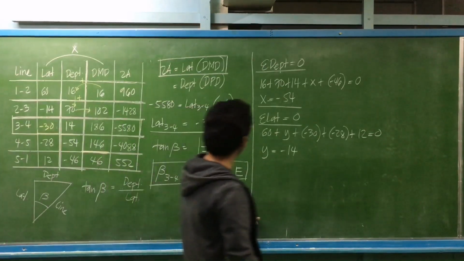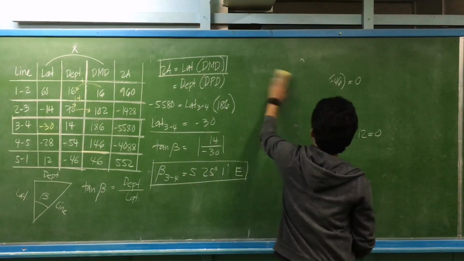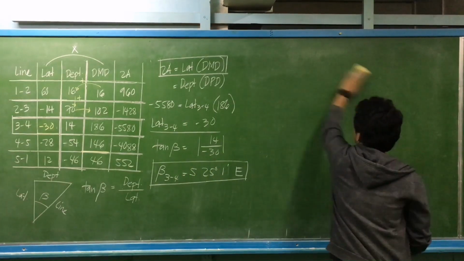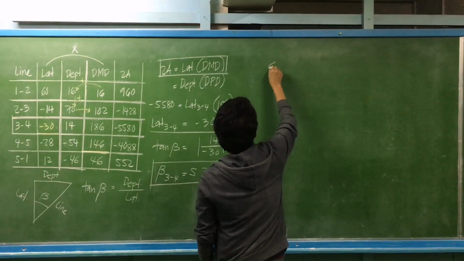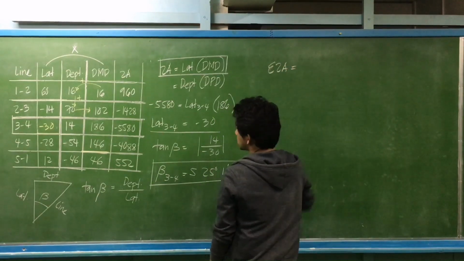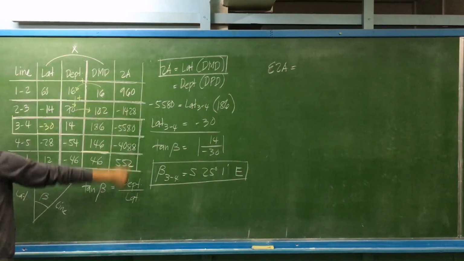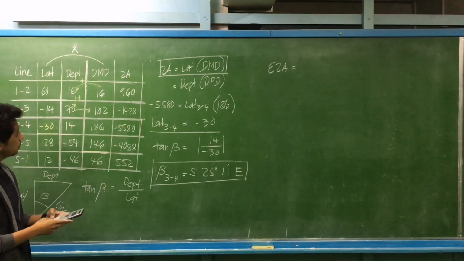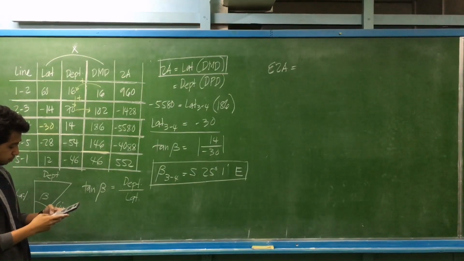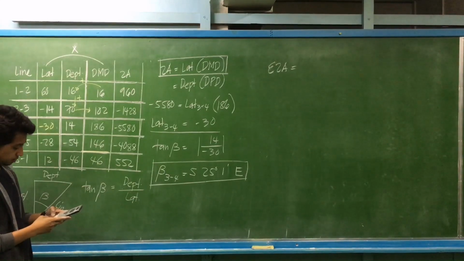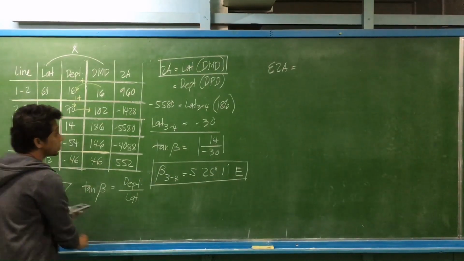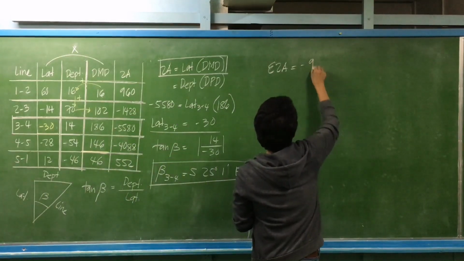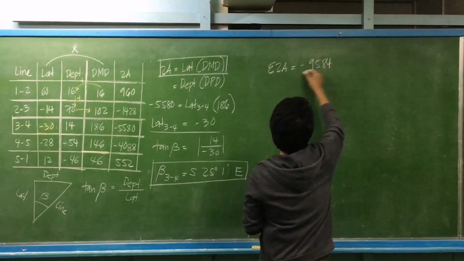So, we need the summation of twice the area. We will just add these five. So, we have 960 plus negative 1,428, negative 5,580, negative 4,088, and 552. So we have the summation equal to negative 9,584.